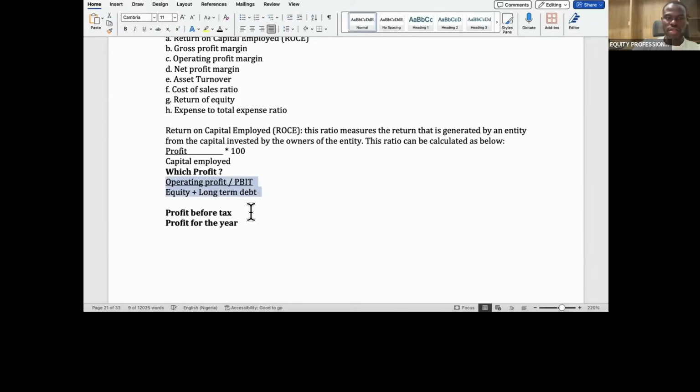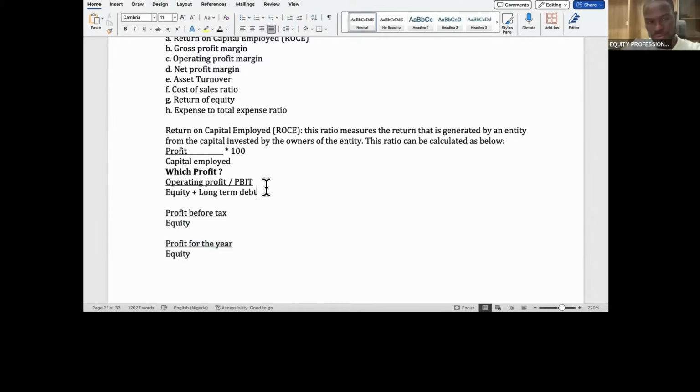If you're using PBT, the capital employed you are using is basically your equity. And if you are using profit for the year, the capital employed you are using is also your equity.